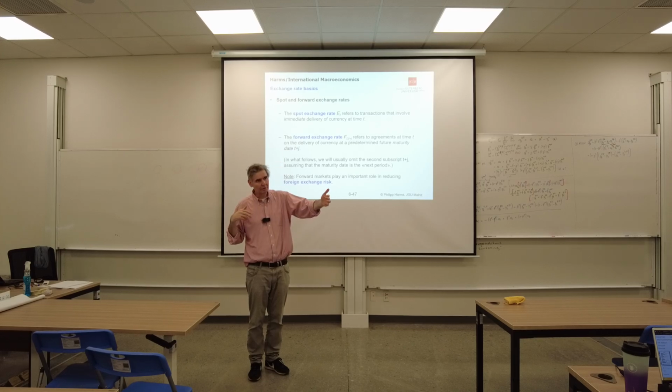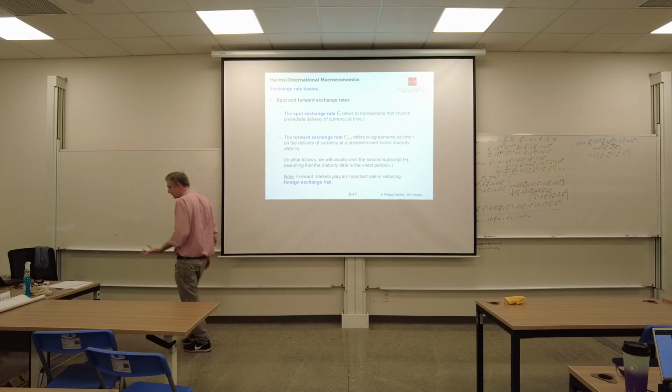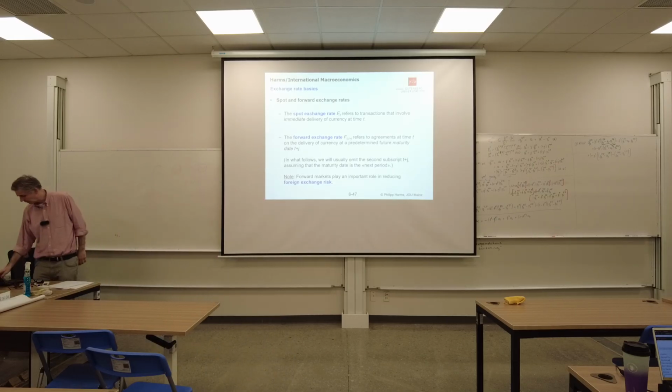And if there's some contracting party on the market that says, oh, that's exactly what I want because I want to sell Vietnamese dong and buy dollars in 6 months, then the deal is done. So that's the nice thing about forward markets.